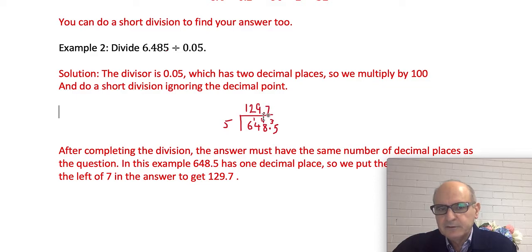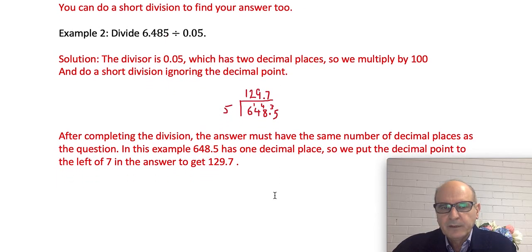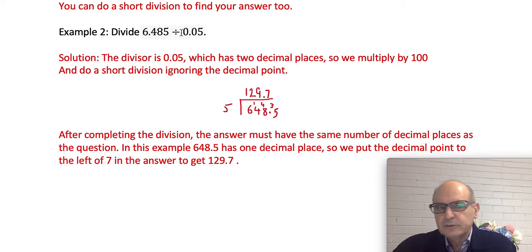So your decimal point will be between 9 and 7, because the question here has one decimal place, and the answer also needs to have one decimal place. And that is the answer to this division. So 6.485 divided by 0.05 is equal to 129.7.